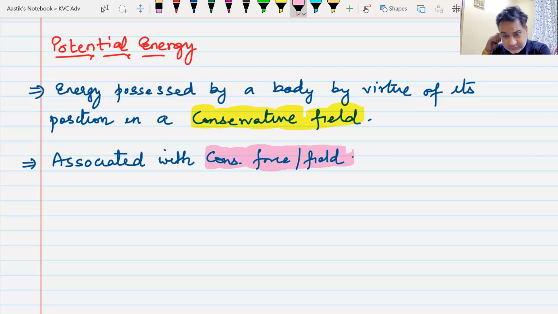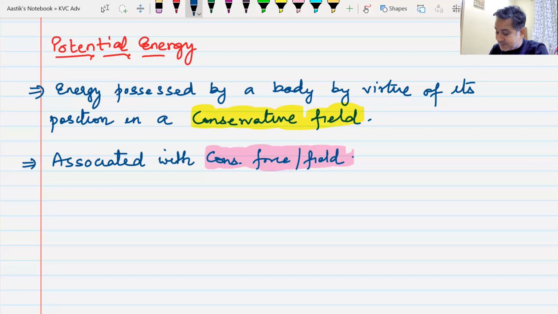Now, remember this potential energy that we are studying. We've just created this concept to understand what work this conservative force does in a conservative field. Now, how do we find this potential energy?